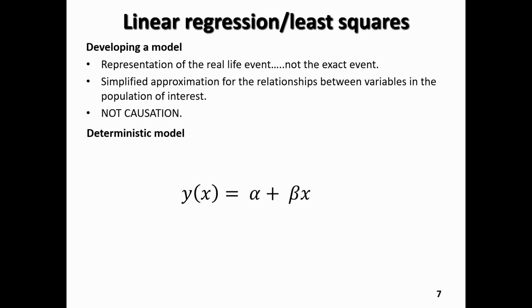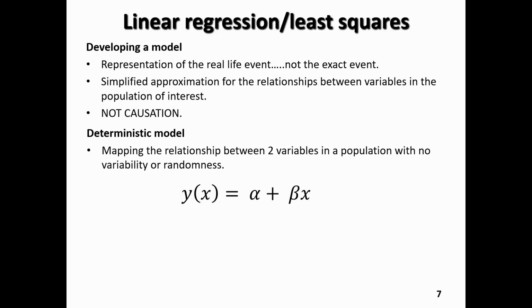The first model, as the foundation for this approach, is what's called a deterministic model. A deterministic model is expressed in a mathematical expression, but it maps the relationship between two variables, which we'll just call x and y, in a population where there is no variability or randomness.